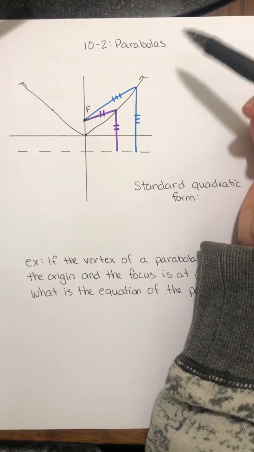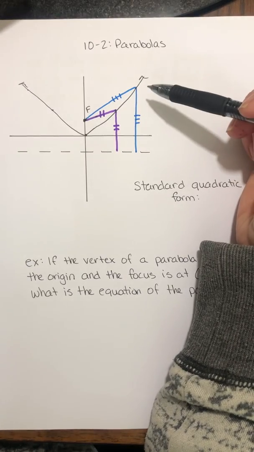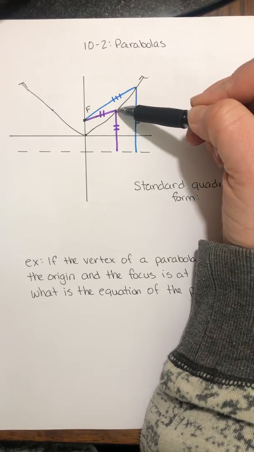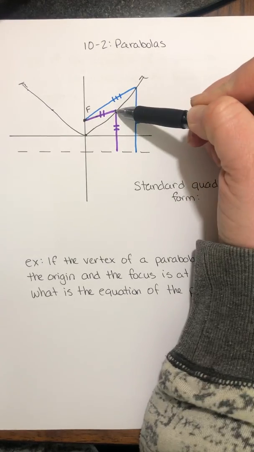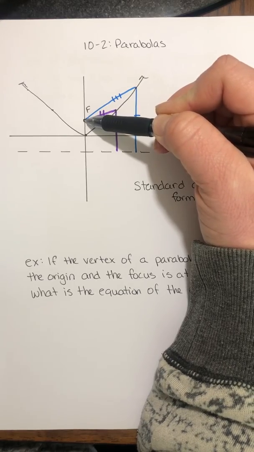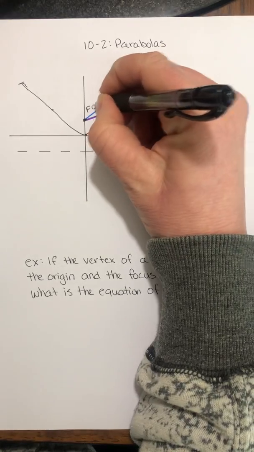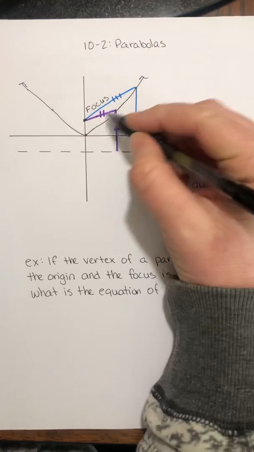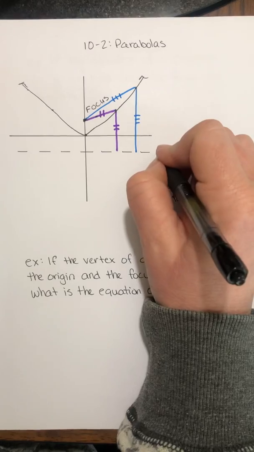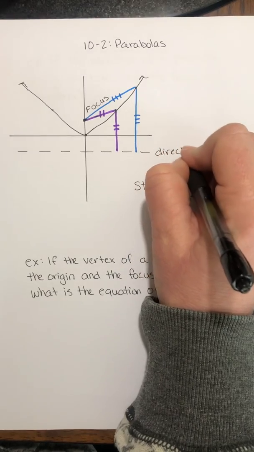So your activity yesterday, what I hoped for you to understand from it is that each point on a parabola is equidistant from that point that we labeled F. F stands for focus. And this line down here is called the directrix.